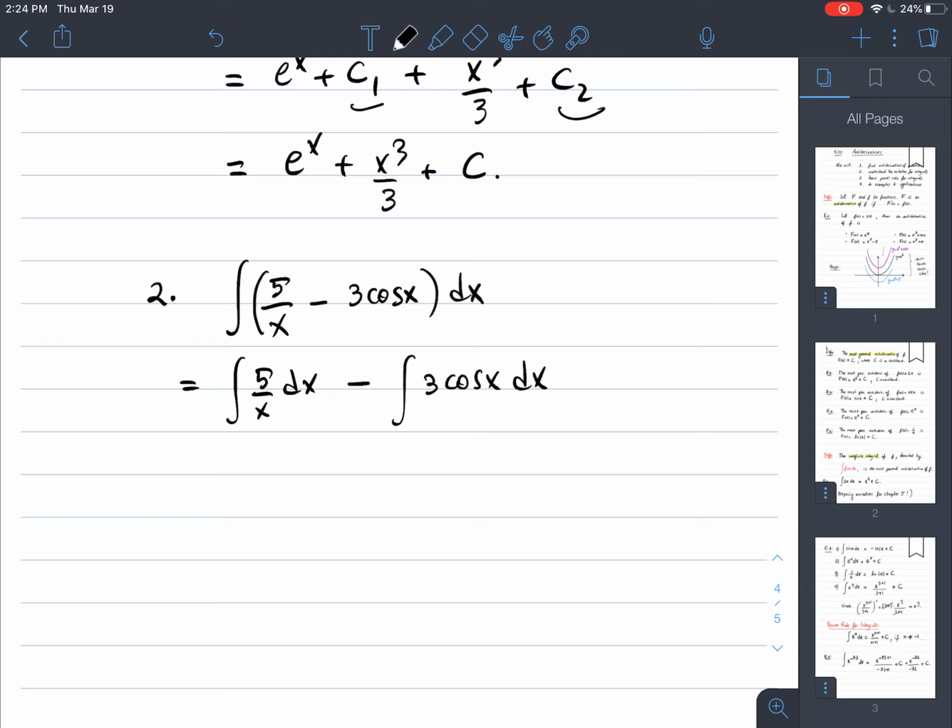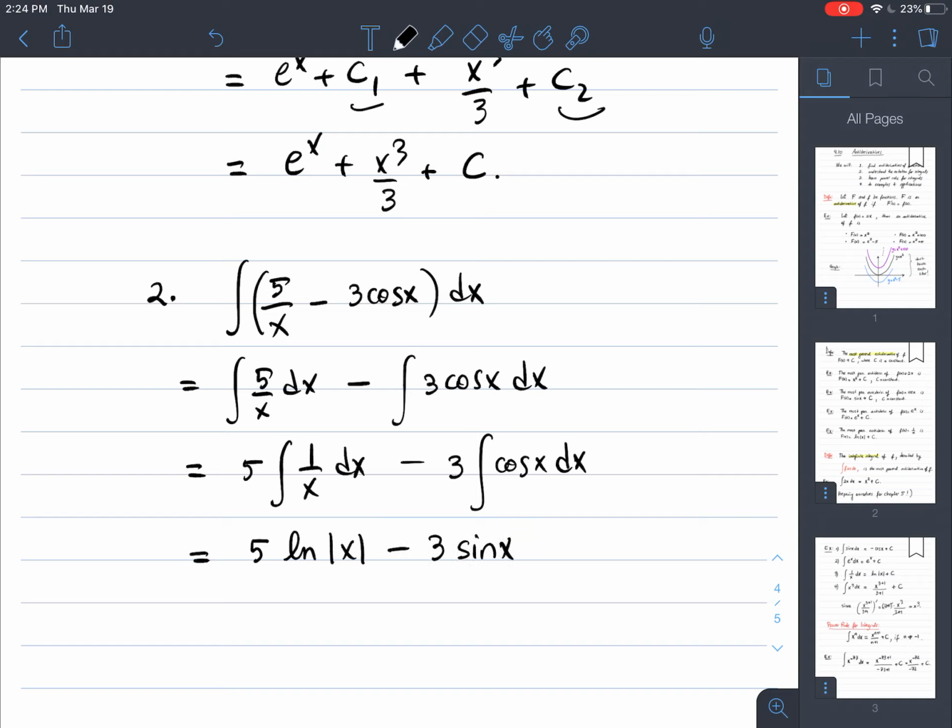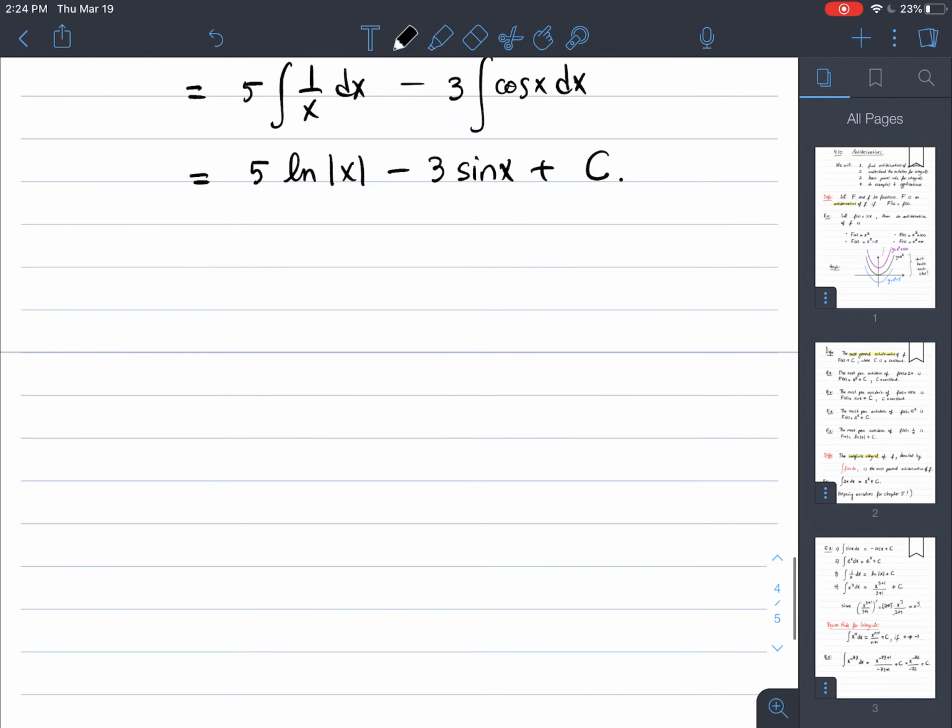So in the first one you can pull 5 out, so this is equal to 5 times the integral of 1 over x dx, minus, in the second one you can pull 3 out, sorry, this is minus, not plus. So the integral of cosine x dx according to the second rule, right? So this is equal to 5 times ln of absolute value of x minus 3 times sine x plus the general constant c. And so on. So you can do your favorite example this way.